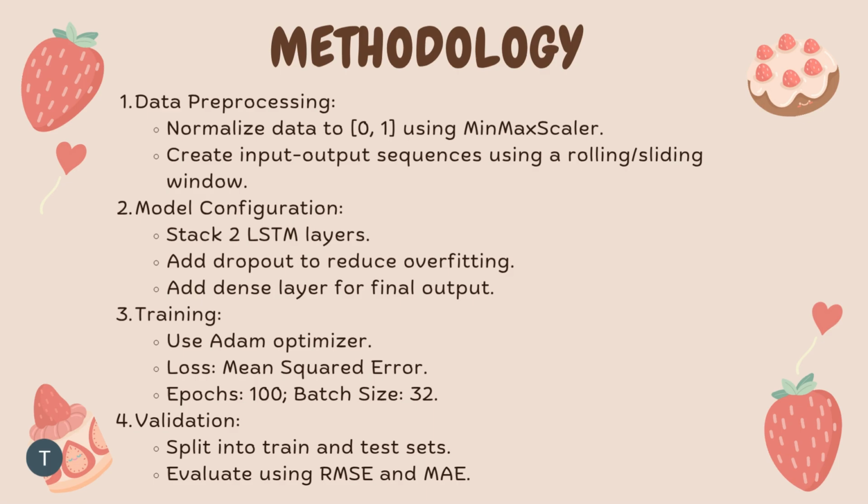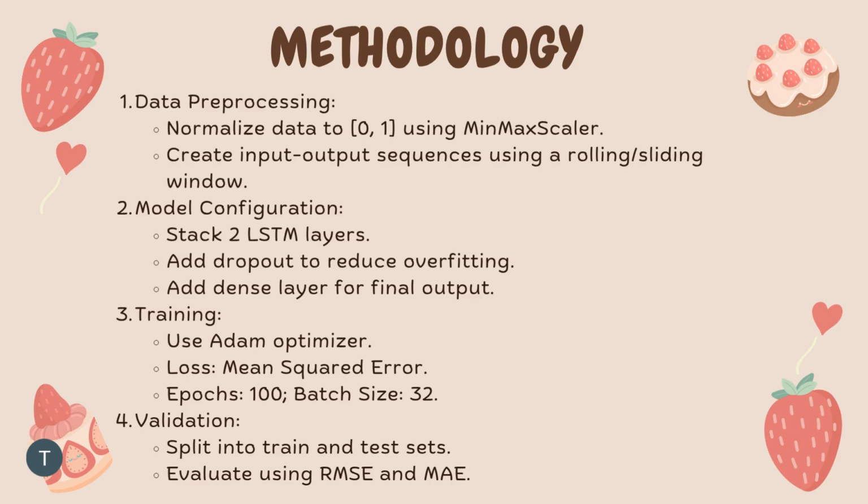And now we are seeing the methodology which they used: data pre-processing, model configuration, training and validation. Here we can see pre-processing, where it normalizes data to 0, 1 using min-max scaler and creates input-output sequences using a rolling or sliding window.